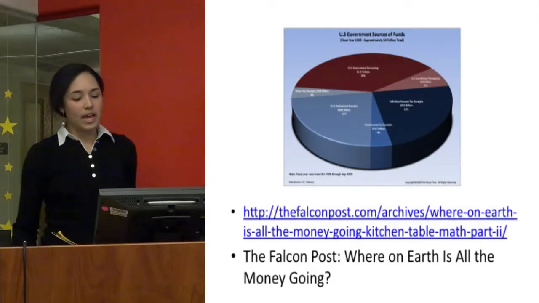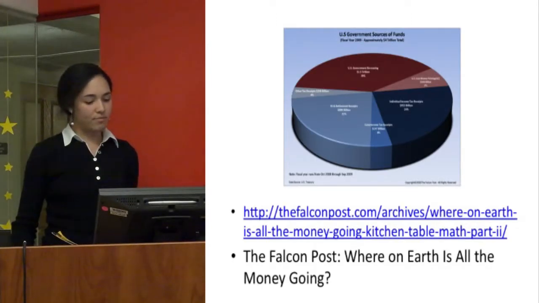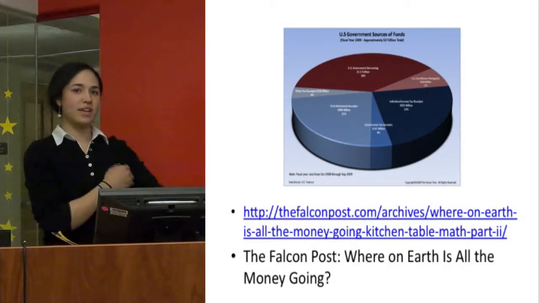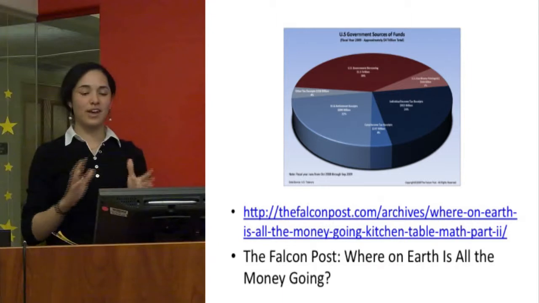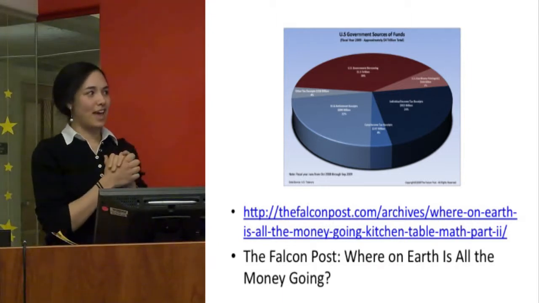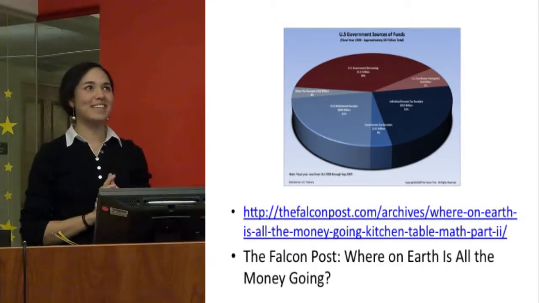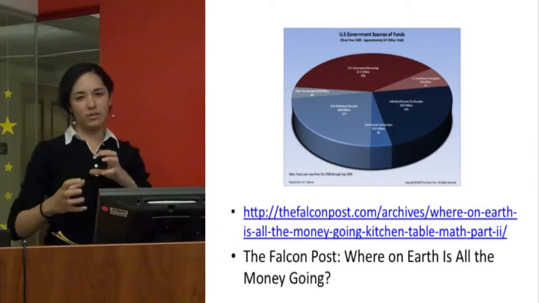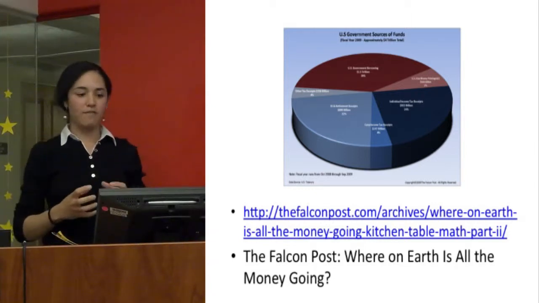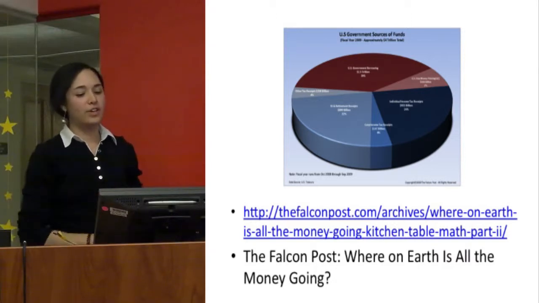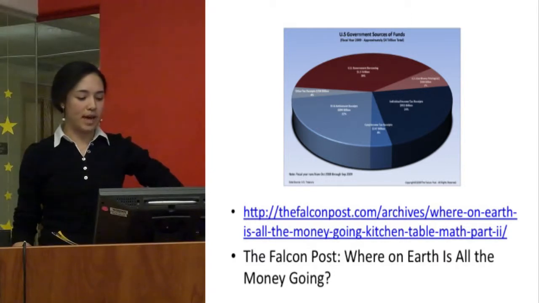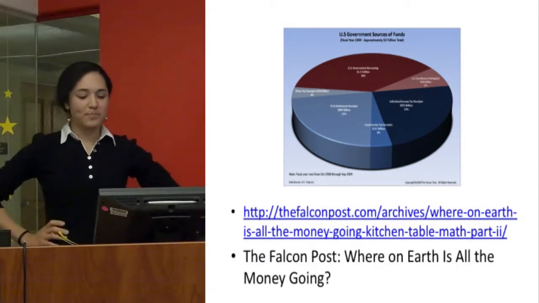Okay, so in order to have a visual aid that we're going to manipulate to see how all of these strategies will change our perception of this information, I looked at this pie graph that was posted by the Falcon Post in an article, "Where on Earth is All the Money Going?"